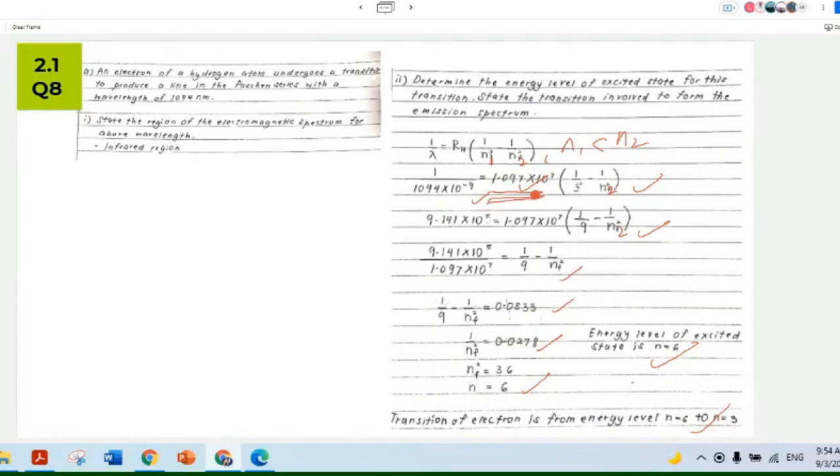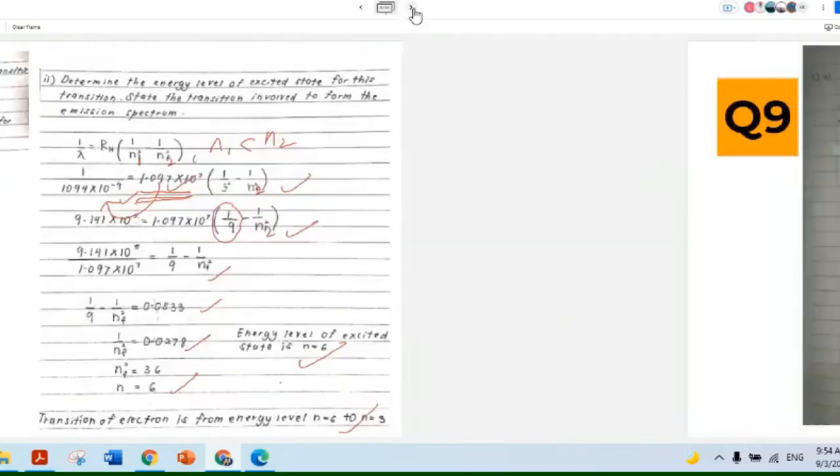Lagi lepas tu dia pindah kat sini ke darab ke bahagi ke macam mana? Bahagi. Okay, bagus, bahagi ya. Okay, lepas tu kat sini ialah tambah ke tolak? Tolak. Okay, very good. So this is a basic mathematical calculation. Thank you Alia. Okay, next question number 9.